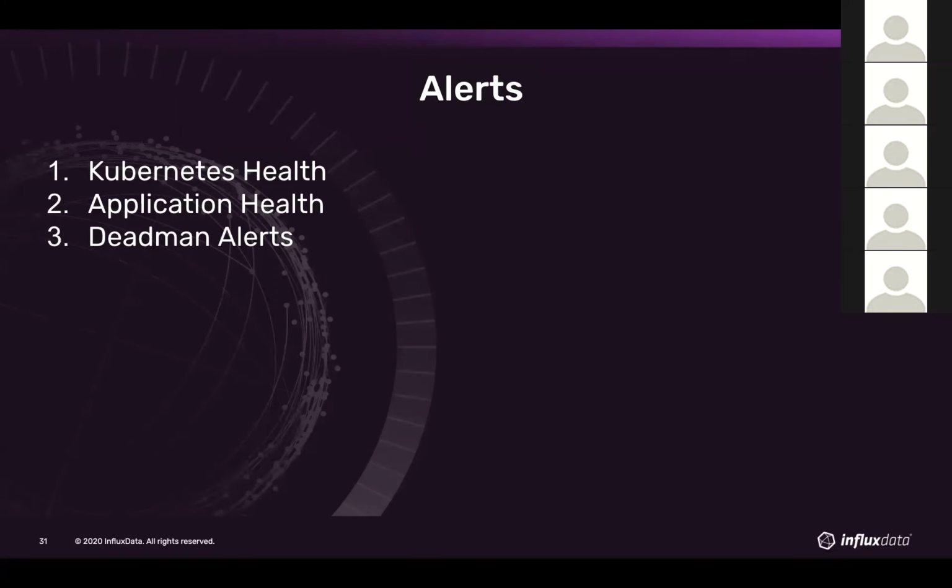Okay. So we think of 3 kinds of alerts: Kubernetes health, application health, and dead man alerts, right? For Kubernetes health, once, for a very esoteric reason, AWS decided that one of our Kubernetes nodes, the VM it is running on, needed to be rebooted, right?